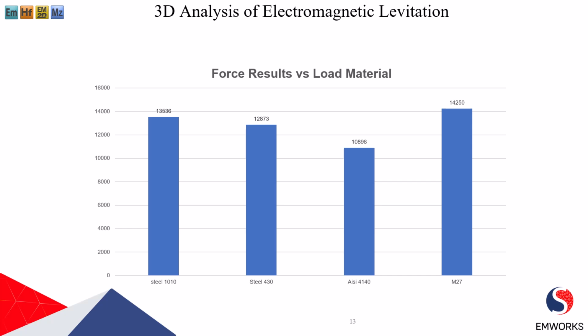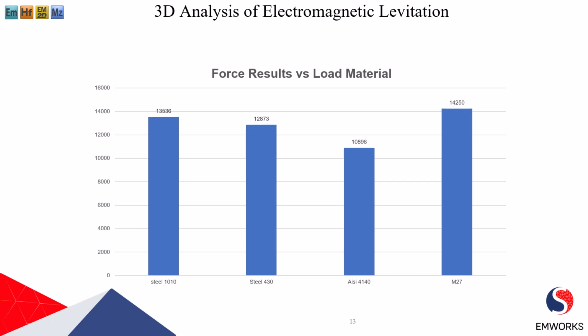Another type of simulation that we can use is the force computation versus different load material. We can change this load and see how the material affects the force, and obviously there is an impact. Sometimes it is a minor impact, but sometimes it is big.